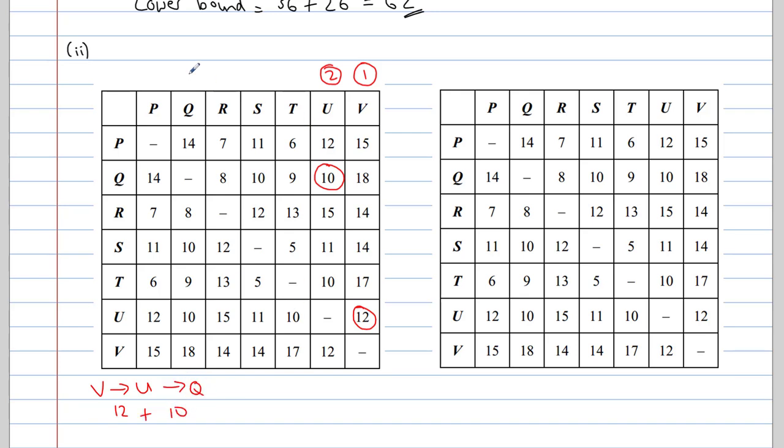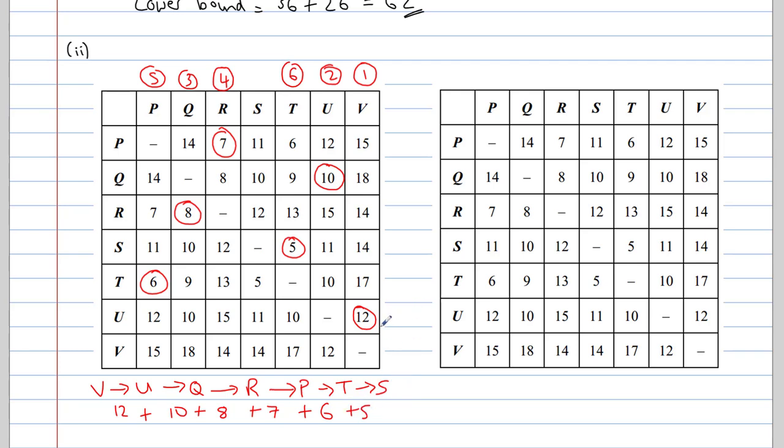And then the nearest place to go to from Q is R, which is 8. And then from R, the nearest place is P, which is 7. And then from P, the closest place is T, which is 6. From T, the only place I've got left to go to is S, which is 5.